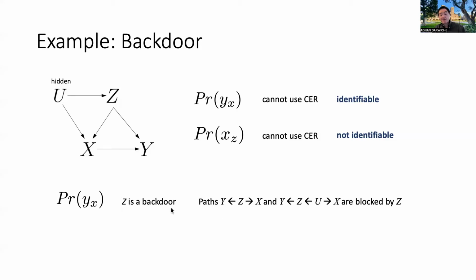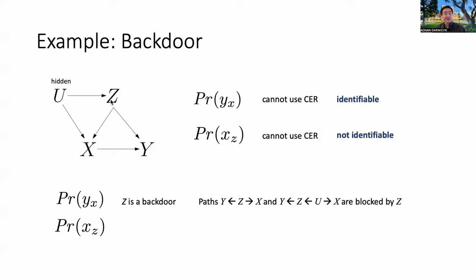So actually Z is a backdoor in this case. It blocks both of these paths, and Z is observed, so I'm done. I can identify this effect, and the backdoor gives me the formula to do it. We'll be doing a summation over that particular variable. So here's a situation where the causal effect rule said I can do it, and the backdoor said I can do it. Now, if you look at the other query, X and Z, how many paths do we have to look at here?